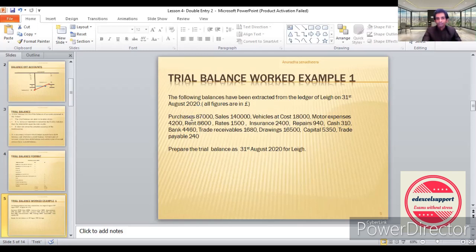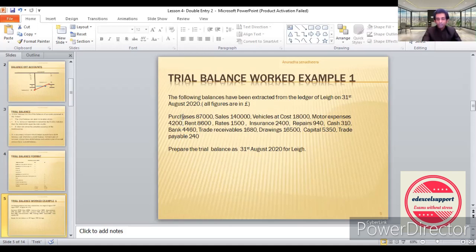Okay, they have given these items: purchases, sales, vehicles at cost, motor expenses, rent, rates, insurance, repairs, cash, bank, trade receivables, drawings, capital, and trade payables. So prepare the trial balance.